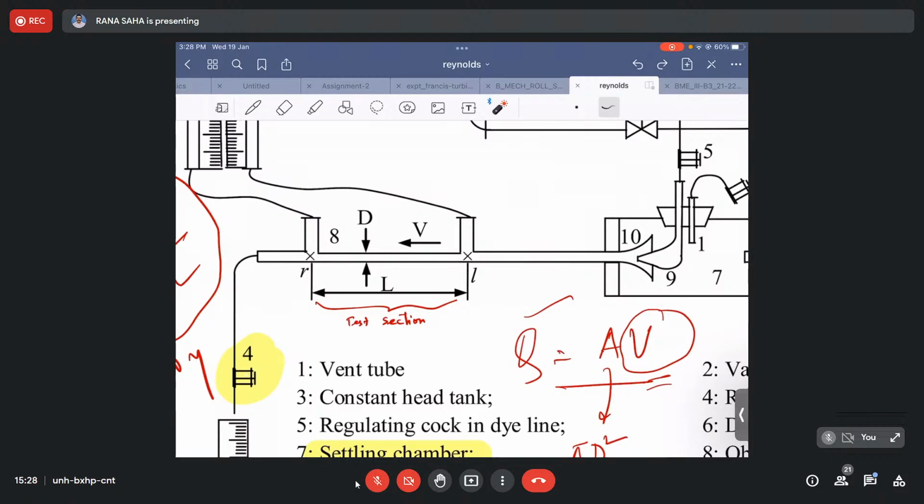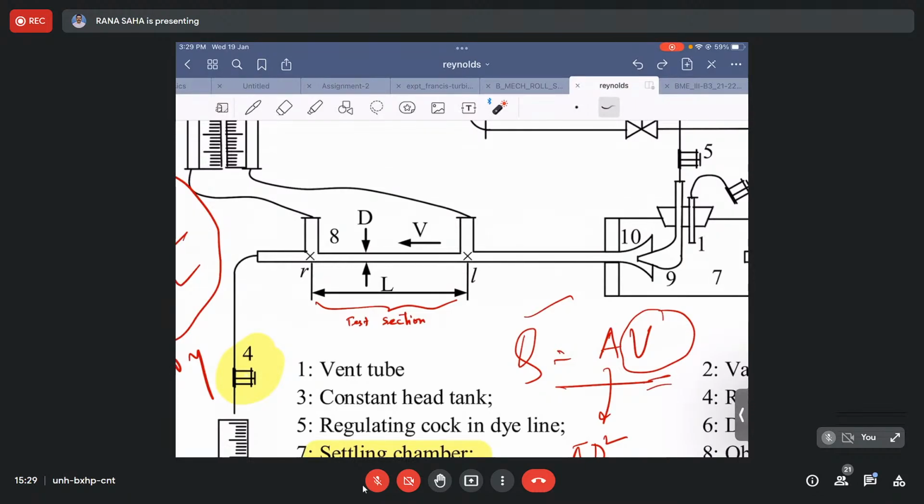At the very beginning, when you have a very small opening of the valve 4, you can expect a thread-like motion of the dye particles in a straight manner, if the experiment is done by maintaining very stringent ambient conditions. Otherwise the flow can be disturbed by external disturbances, such as some sort of vibration, or some sort of misalignment between the different connections.